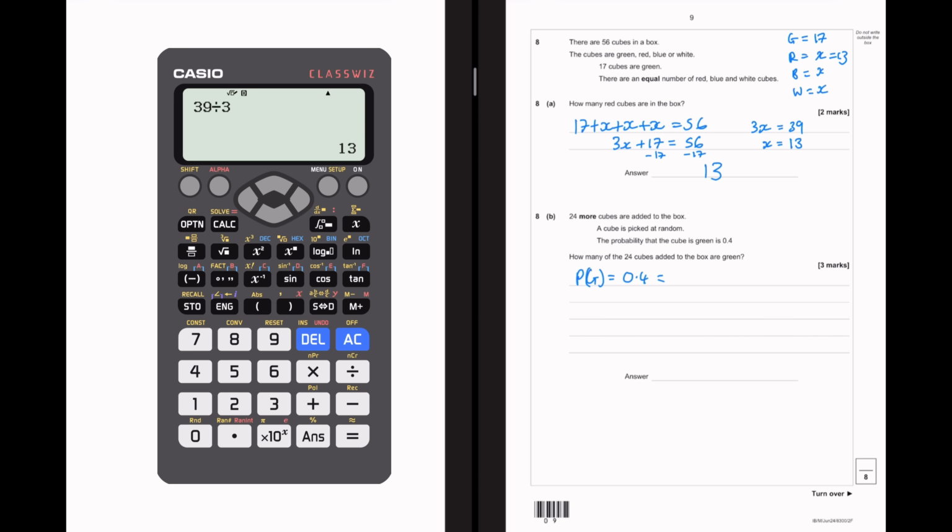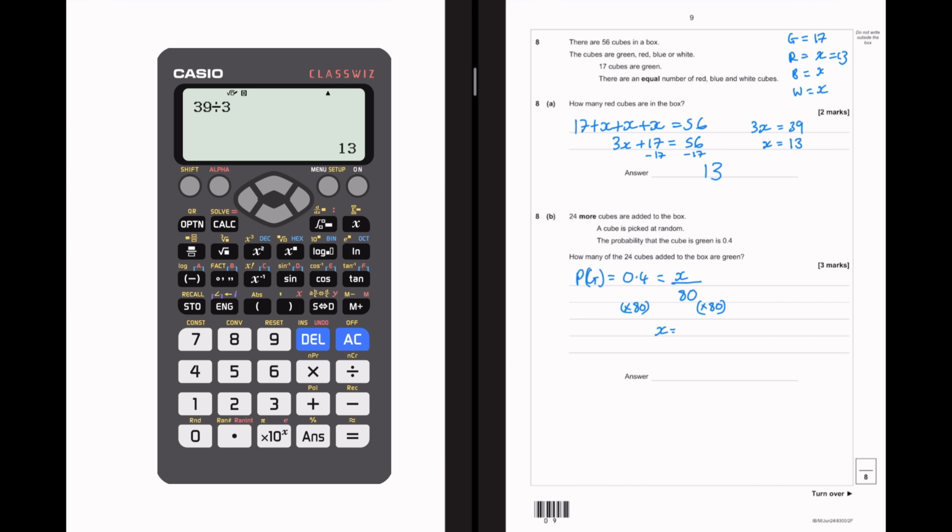Well, it's the frequency, so the total amount of greens, which we don't know how many greens there are now, divided by the total. We know that 24 more cubes were added, so 24 plus 56 is equal to 80. If we solve this equation for X, we can multiply both sides by 80.